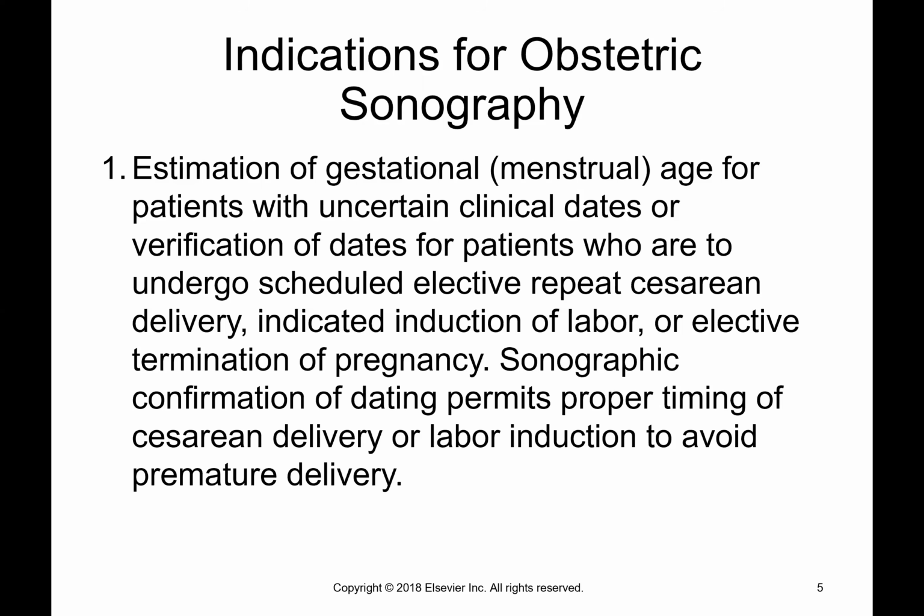The first trimester's crown rump length is the most accurate measurement that you're going to do during an obstetric scan. It's more accurate than all of our measurements in the second and third trimester.